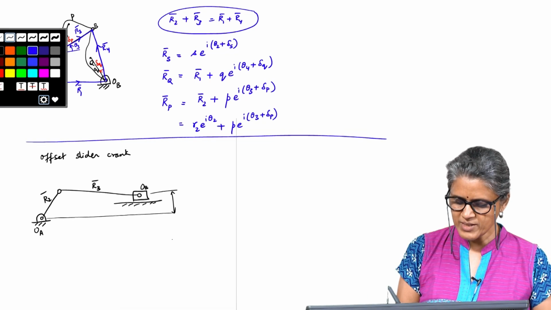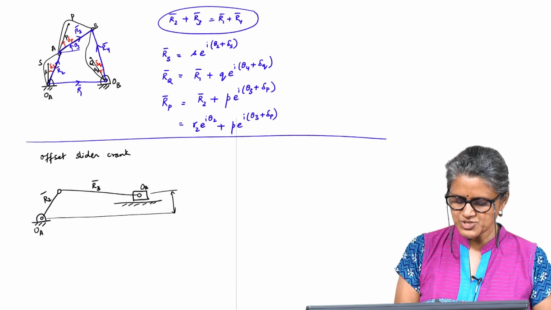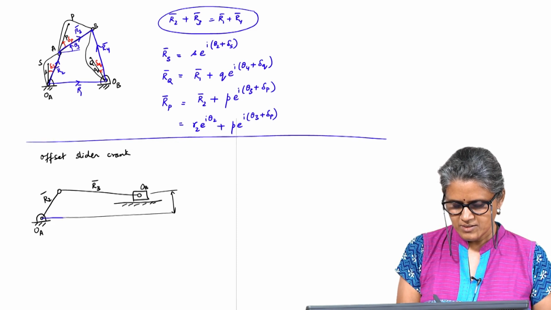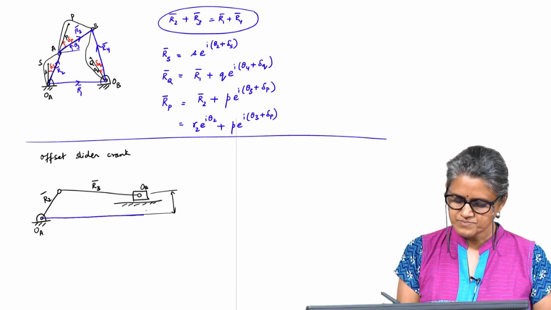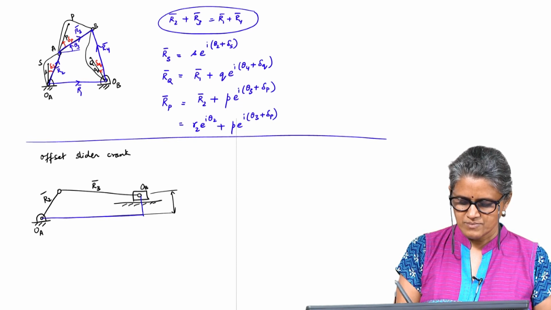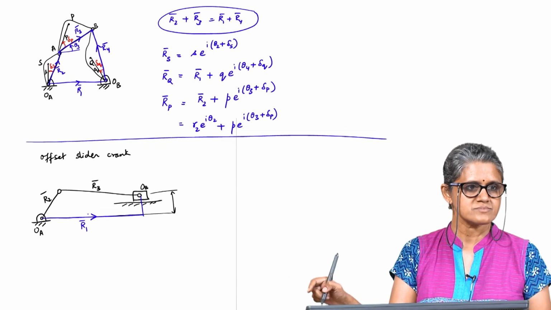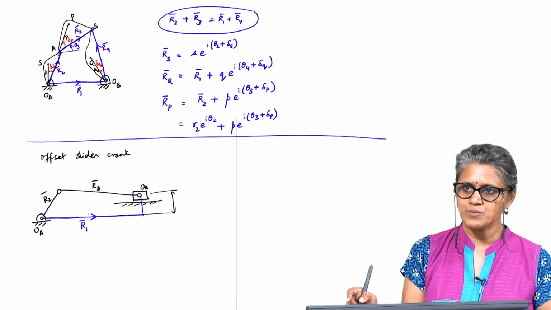So, what I will do is I will choose. So, I know that the slider block motion only happens along the direction R1.